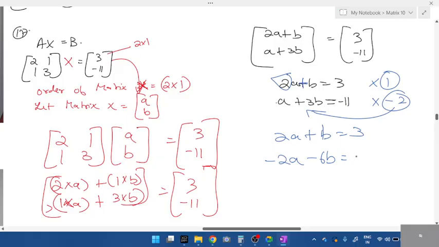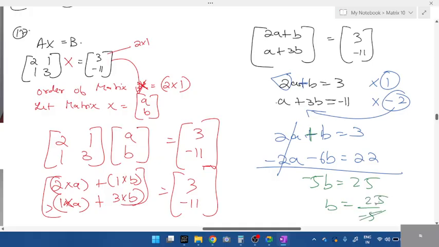Minus into minus is plus, 11 twos are 22. This gets cancelled. Plus into minus is minus 5B. And here what do we get? 22 plus 3, both are positive, 25. B is equal to 25 divided by minus 5. What is B?